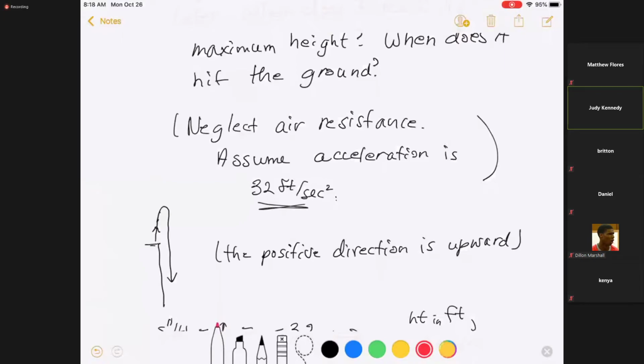Here's the cliff, and this height is 432. This height right here. Here's the ground down there. Our height at time 0 is plus 432.